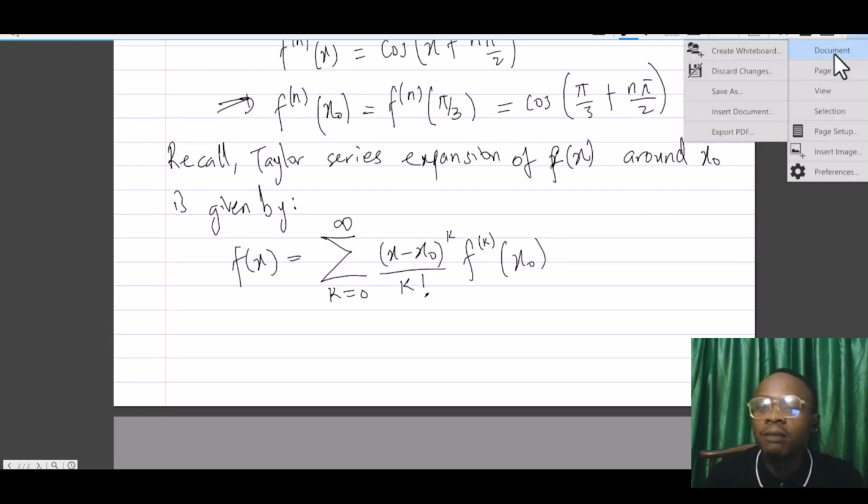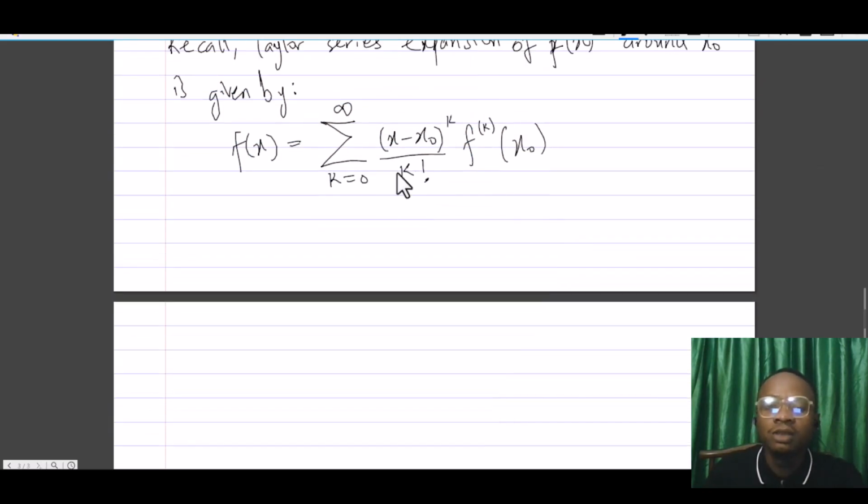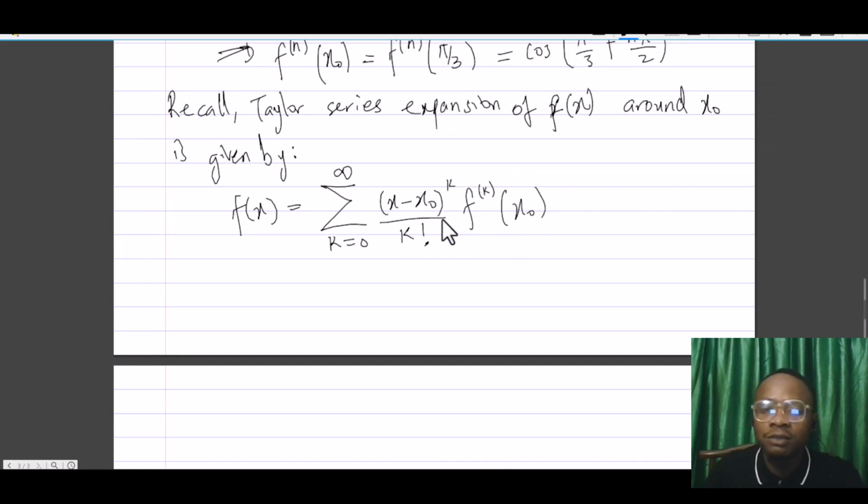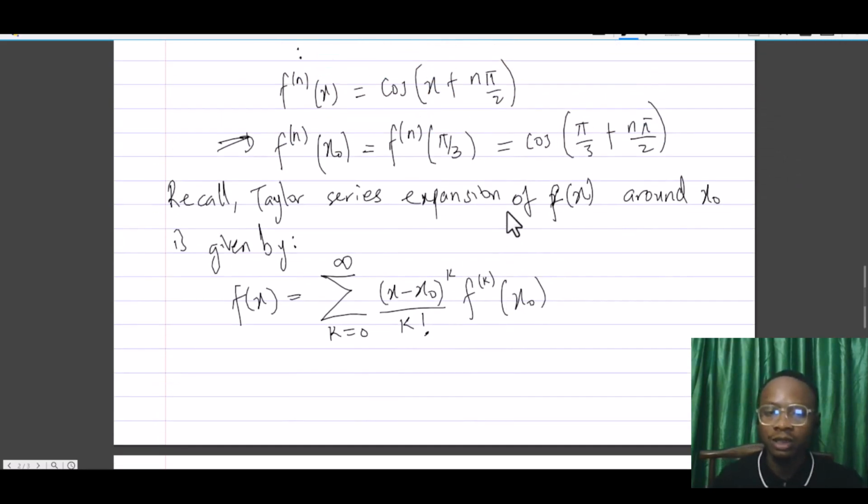We have our parameters already, the things that we need, so we can just insert them directly. Let's do as much simplification as possible before the expansion, so that by the time we do the expansion, it will be quite straightforward to get the various terms. So this is the summation from k equal to 0 to infinity of x minus x naught to the power of k divided by k factorial, multiplied by this.